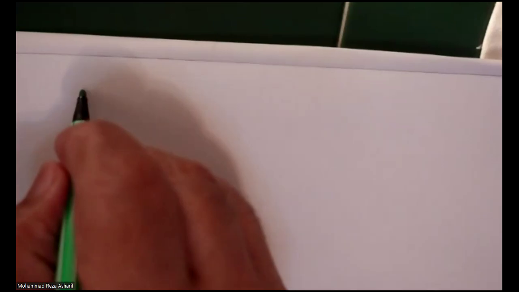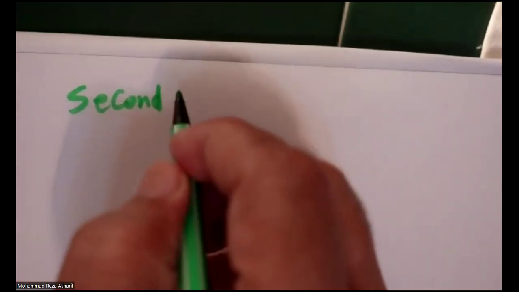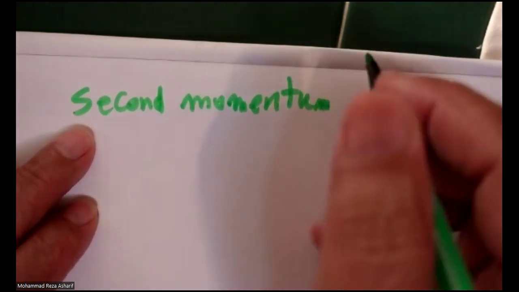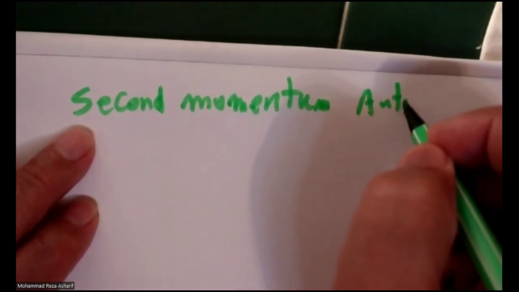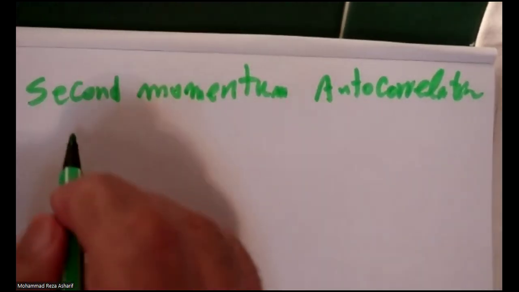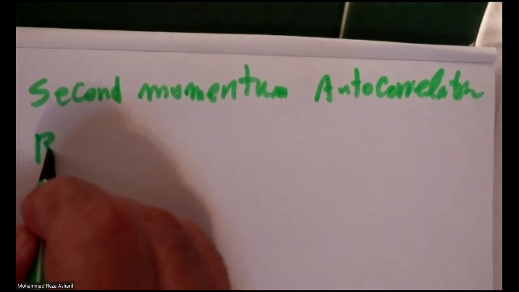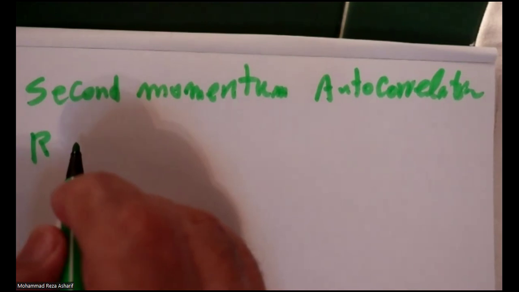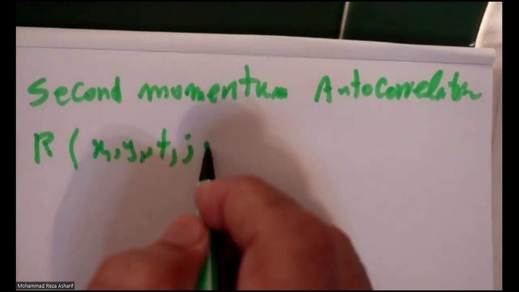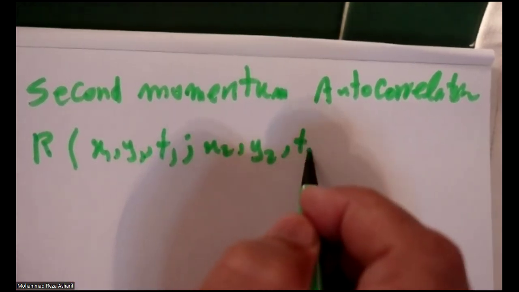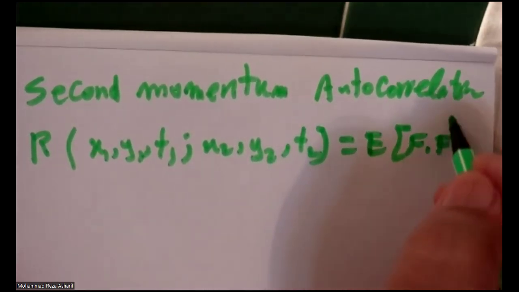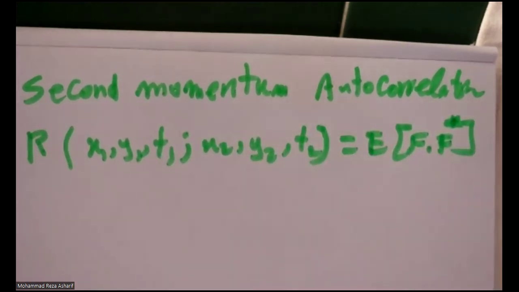Second order, second moment, autocorrelation is R between x1, y1, t1, and x2, y2, t2, which is the expected value of f times f itself complex conjugate.